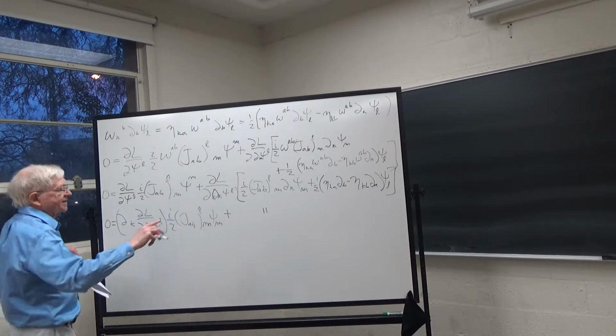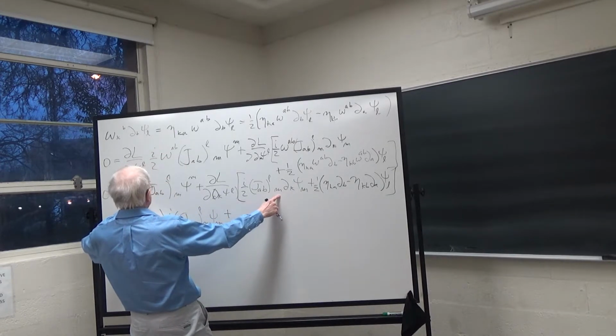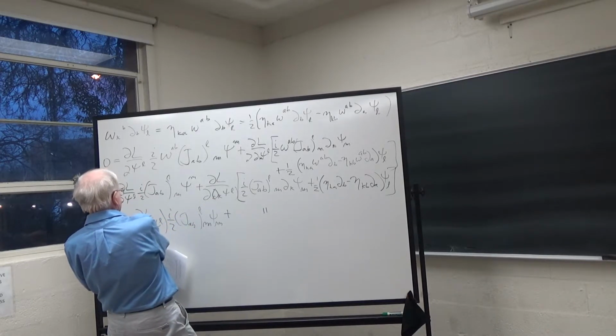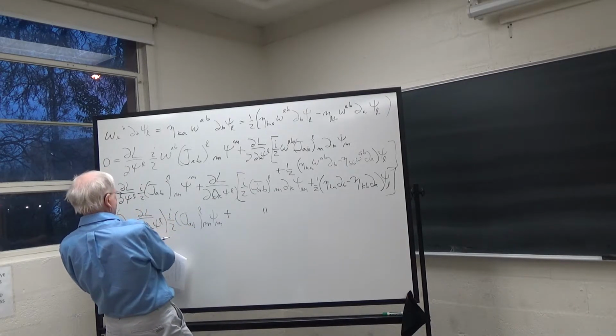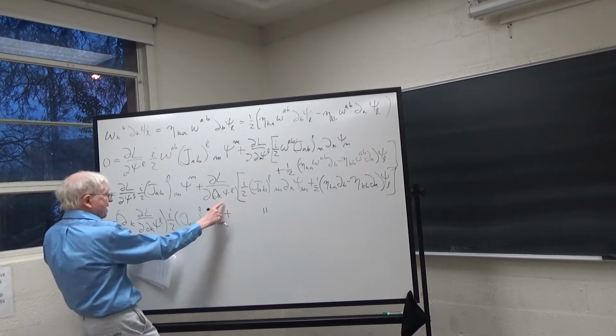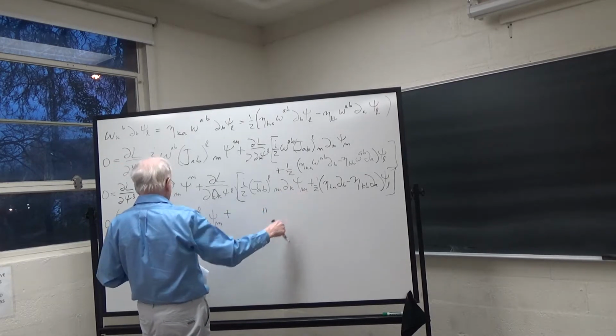Wait, no, I'm sorry. I didn't mean to go that far. I just meant only to go this far. So let's just look at these two terms. This is the kth derivative of the partial of L with respect to this. This is the same term, but now we have the partial derivative there.